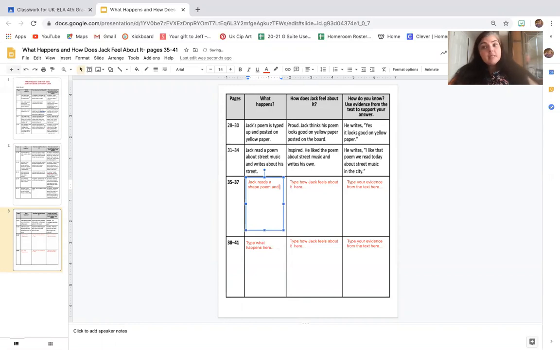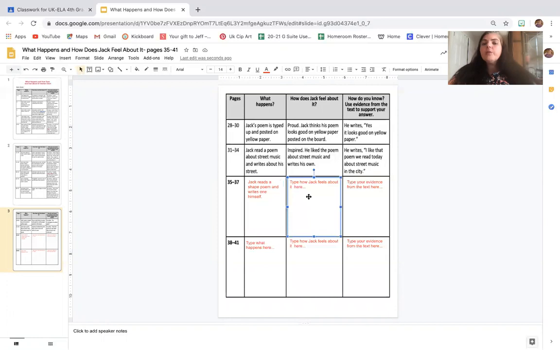And, because that's not the only thing he did, and writes one himself. Jack wrote one about a yellow dog. So that is exactly what happened.